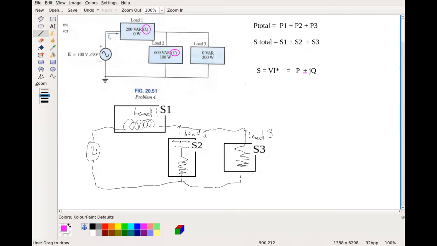The reason we use the conjugate piece is that when you're talking about P and Q and the j, if it's a capacitor, it's still a minus j, and if it's an inductor, it's still a positive j. That's the trick with the conjugate piece, to keep it consistent.